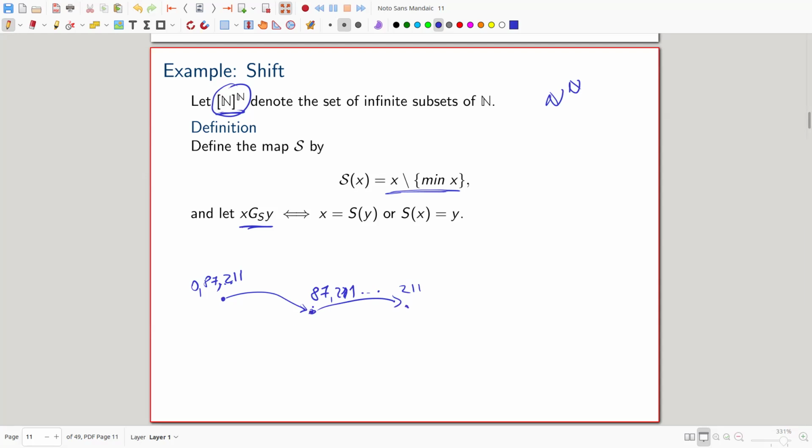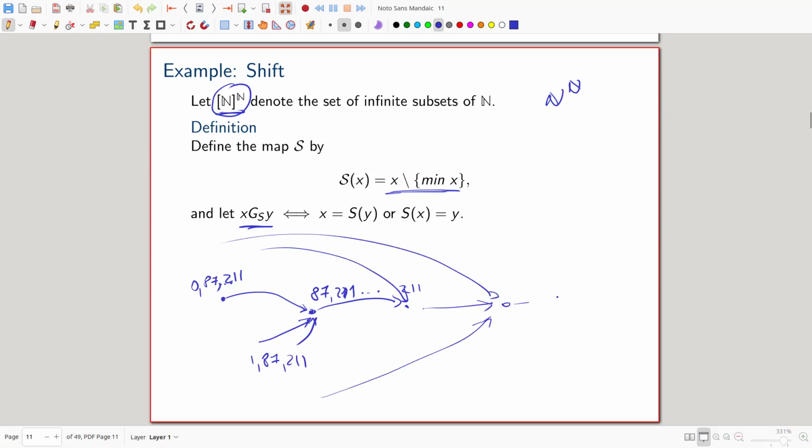But you can also get to this point from other points, right? So you can get here from, say, 187, 211, or even maybe 2. So it will look something like this. Some kind of tree. I imagine it going into some sort of spine. This is a connected component of this graph.